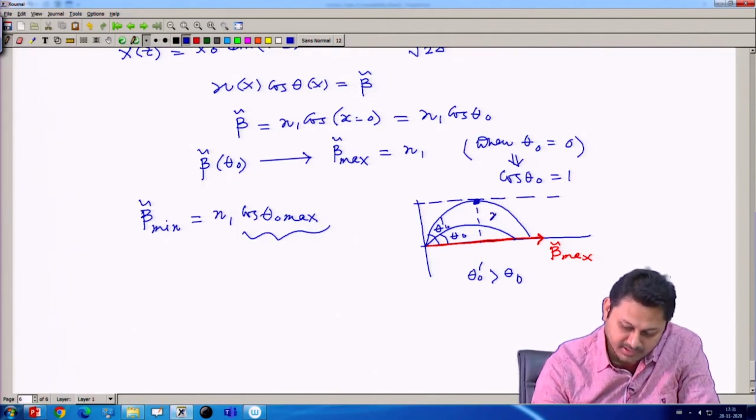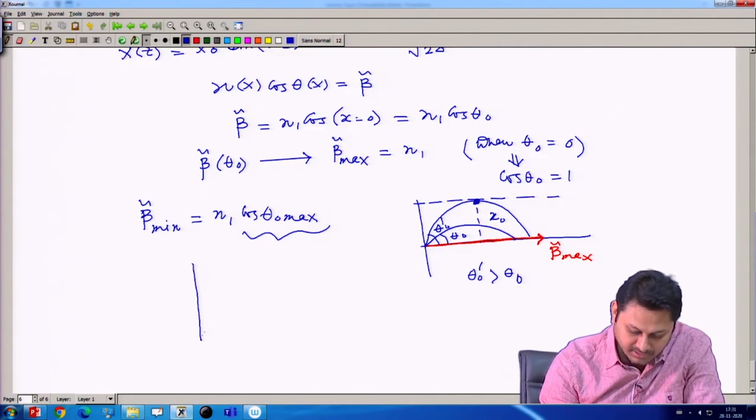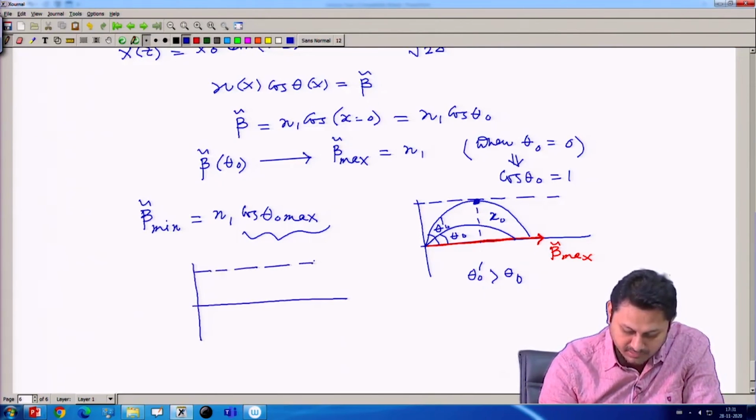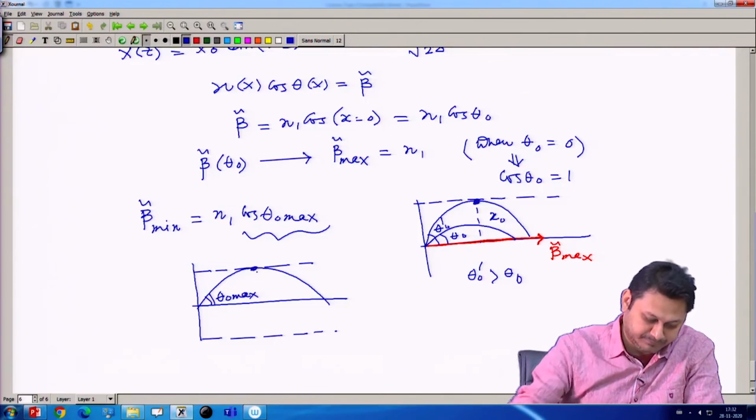If I say this is x 0 from here to here, then when it reaches x 0, that value is basically my theta maximum. So, let me draw it once again. I have this profile, this is the boundary of that, and I launch a ray and the ray reaches here, and this angle should be theta 0 max, for which all theta 0 less than that will never reach this point.